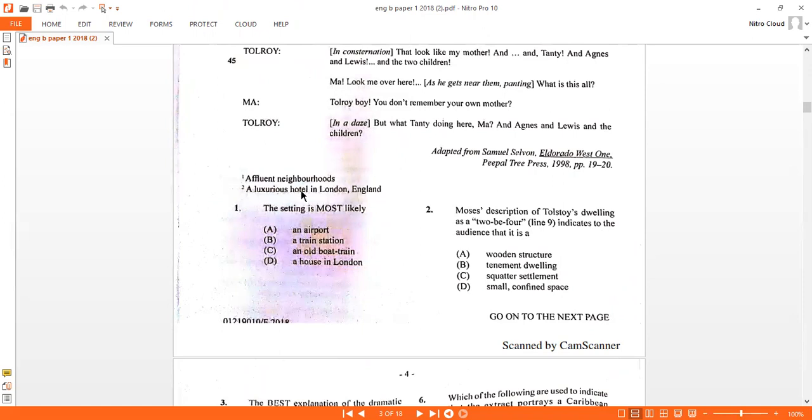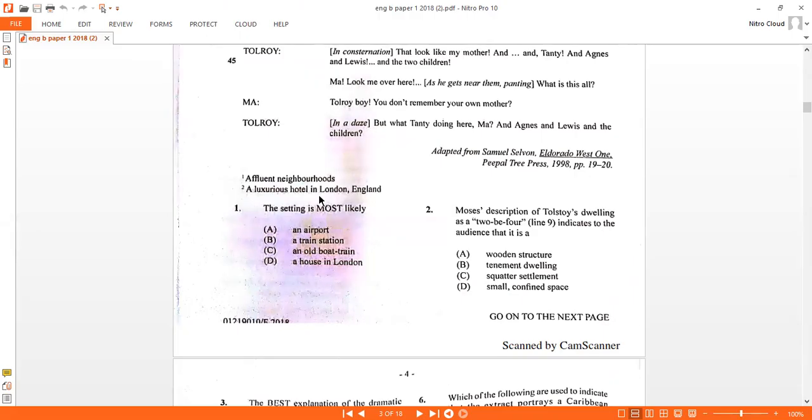But the word most in all caps, followed by likely, tells us that they want us to look for the best of the best, the most possible one, the one that is likely over all others. In doing so, we can do the process of elimination.